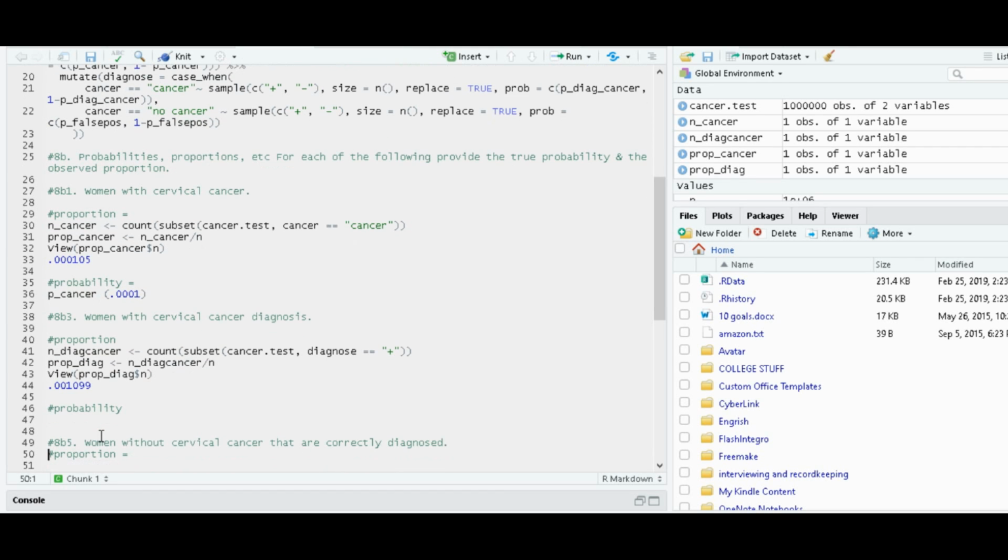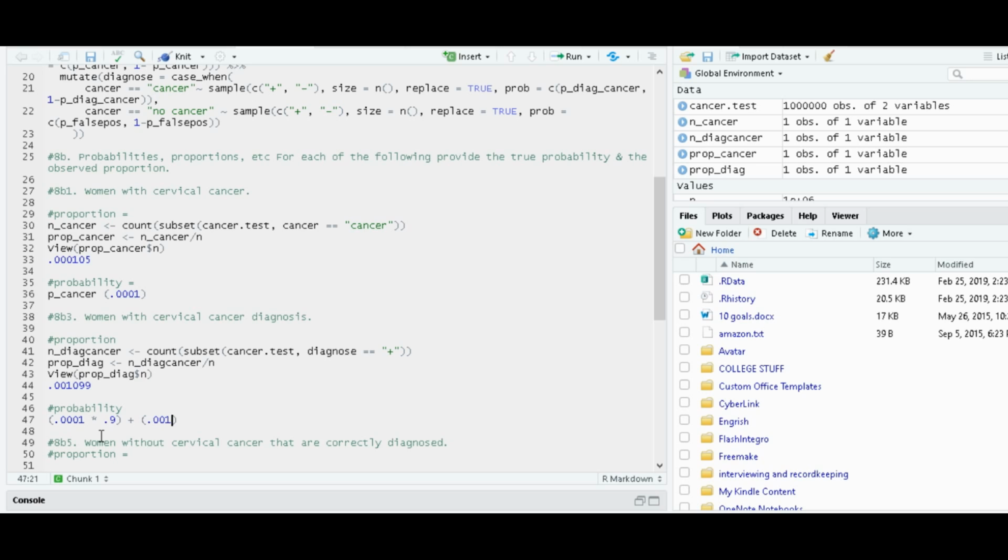The probability is the probability of women who have been diagnosed with cancer and have cancer. So that is going to be the probability of having cancer times the probability of getting diagnosed with that cancer, plus the probability of getting diagnosed with cancer even when you don't have it.